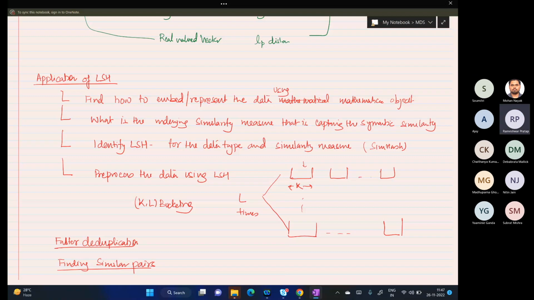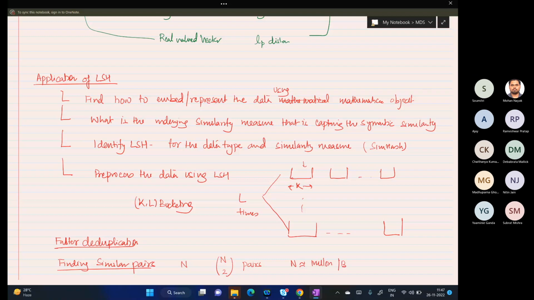And again, the advantage will be, suppose we have, say, n points, and we have to calculate the similar pairs in the n points, so we need to calculate all these n choose 2 pairs, which can be very large if your n is of order, say, millions or billions.